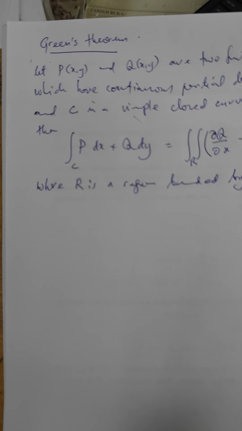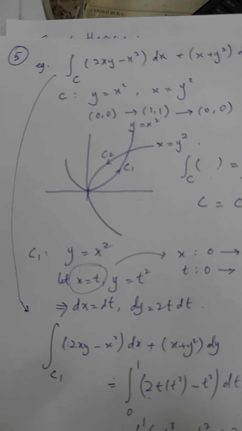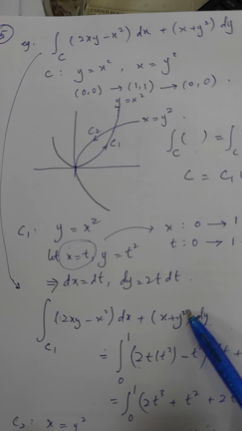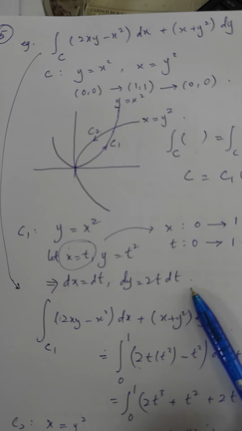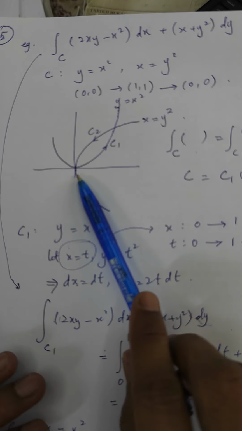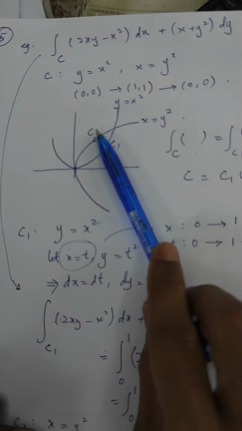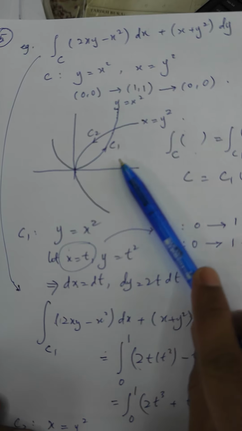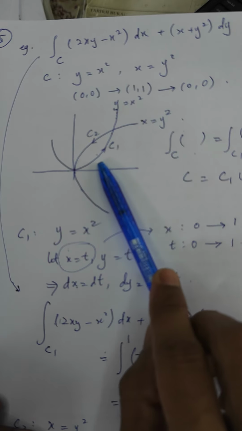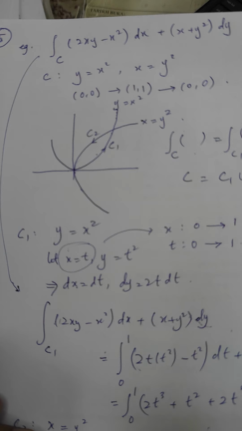So let's see. Let me describe this. Look at the example, the previous example that we dealt with. We have a closed curve here. This is one of the examples. You can try this.